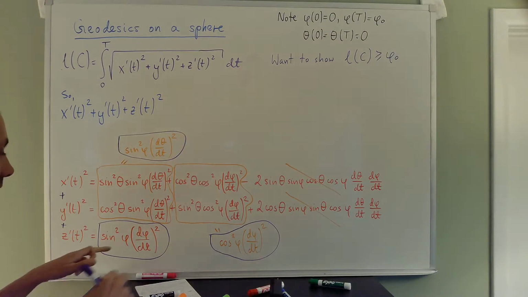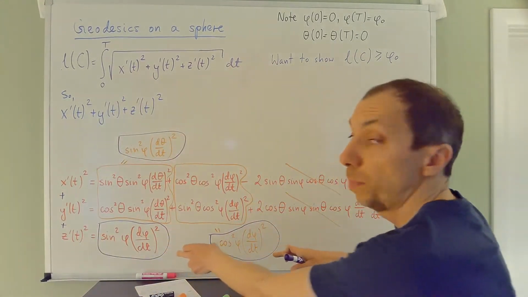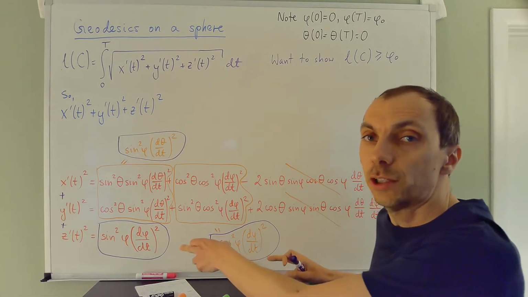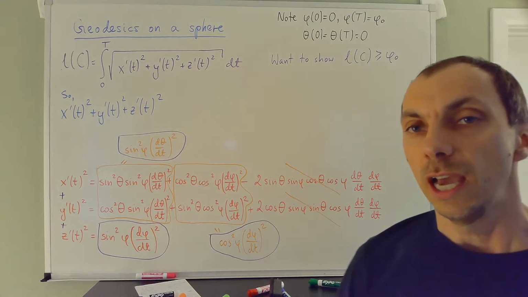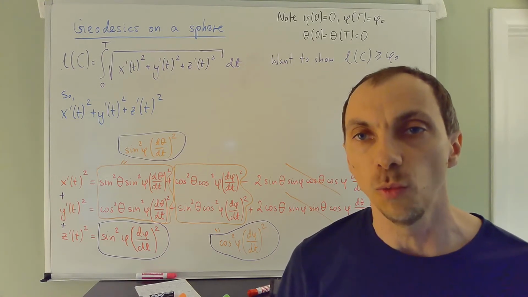But look again. Look what happens when you add these two here at the bottom. You can factor out d phi over dt squared, and what you will have left is sine squared phi plus cosine squared phi, and that's again 1.